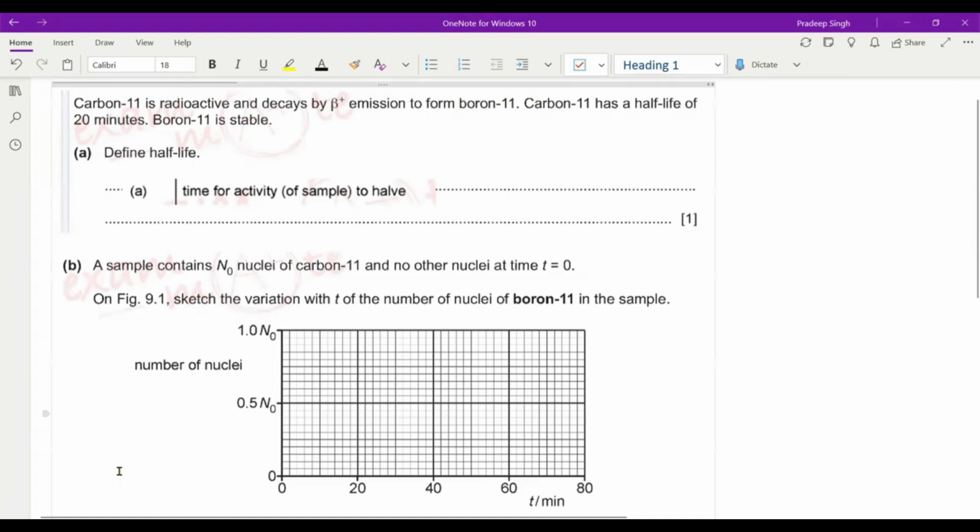Then you annotate on the screen the shape. Okay, so you mean an exponentially decreasing. All right.